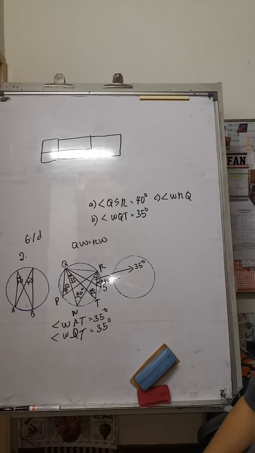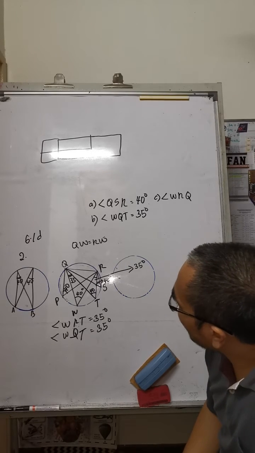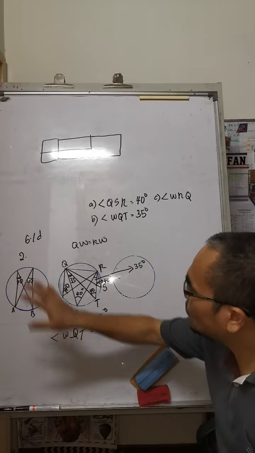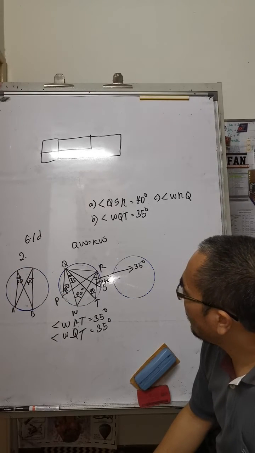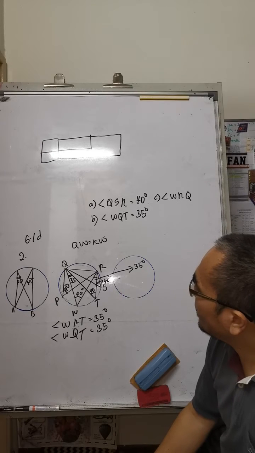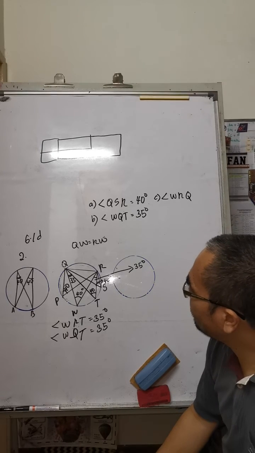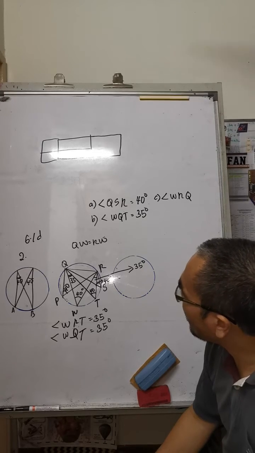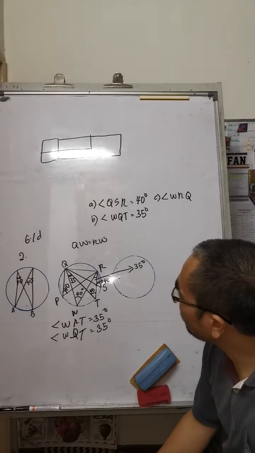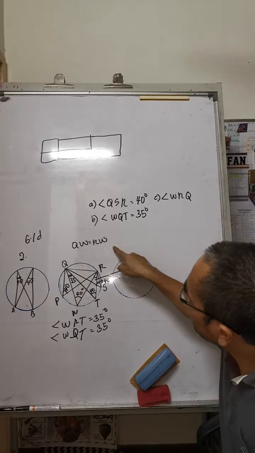Okay, for this one, there is no direct relation to this knowledge. So we might need to have whatever that we have learned so far in Form 1 and Form 2. So the knowledge is this.